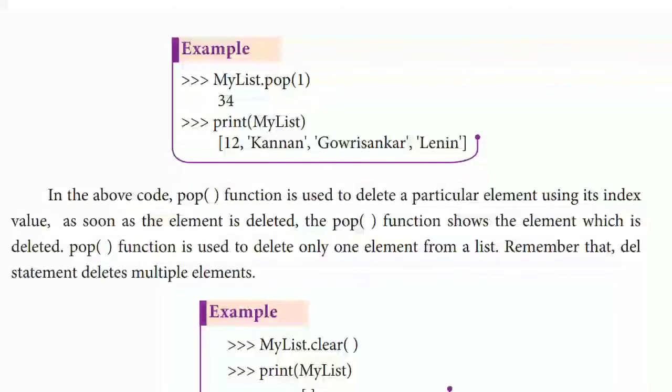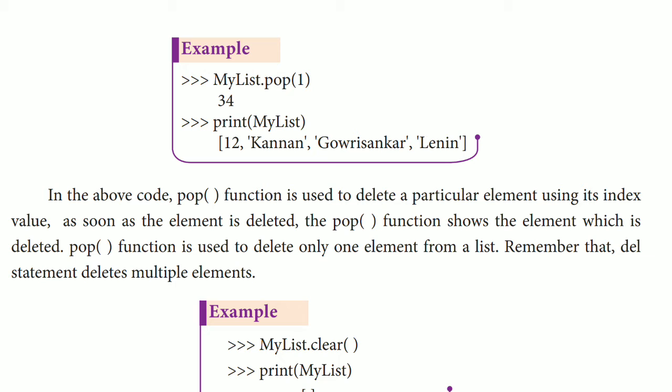Here you can see that only the index value can be used to delete the element by using the pop function. So when you are using the pop function to delete some element from the list, then you have to know the index value of it.